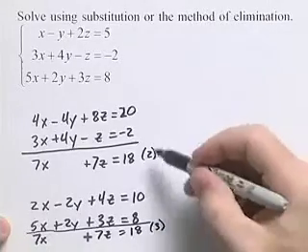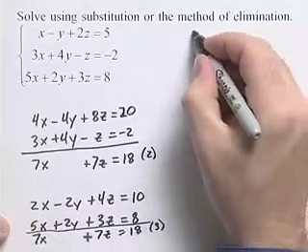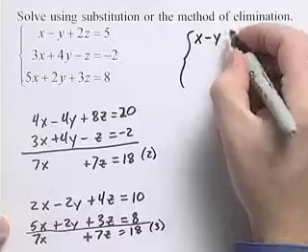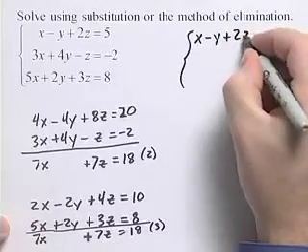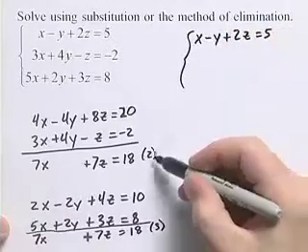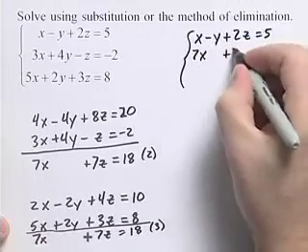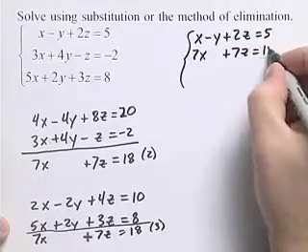Let's rewrite our system first. We keep our original equation, x minus y plus 2z equals 5. Rewrite our second equation, 7x plus 7z equals 18.